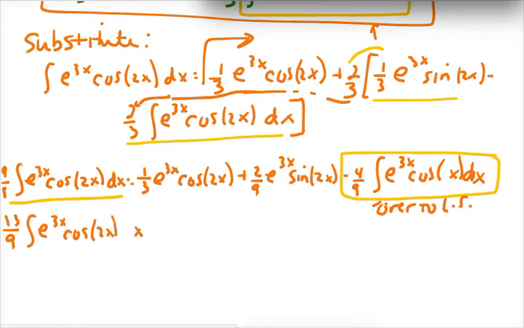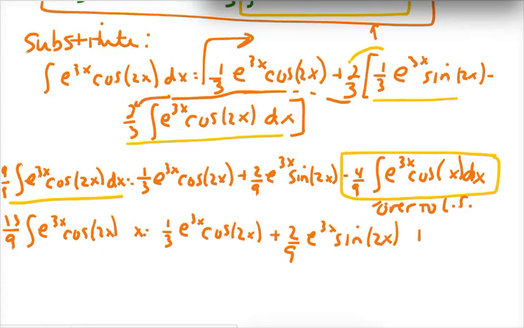This is a really long problem, so just bear with me here. I know my video is getting long. 1/3 e to the 3x cosine of 2x plus 2/9 e to the 3x sine of 2x plus a constant, right? And I have been neglecting to bring that along.